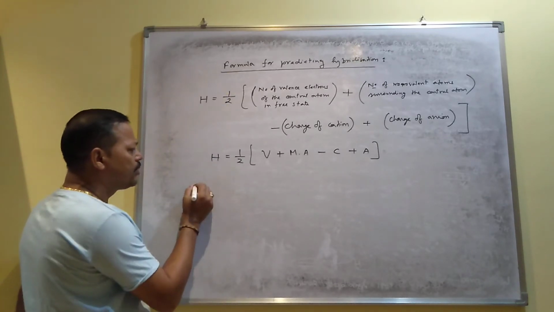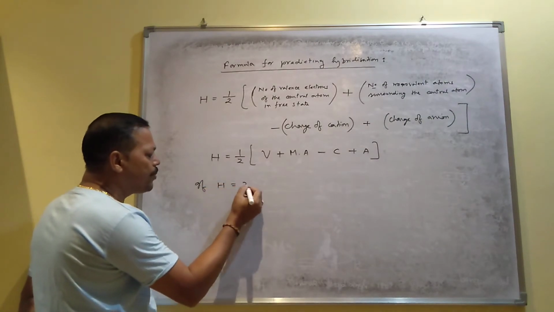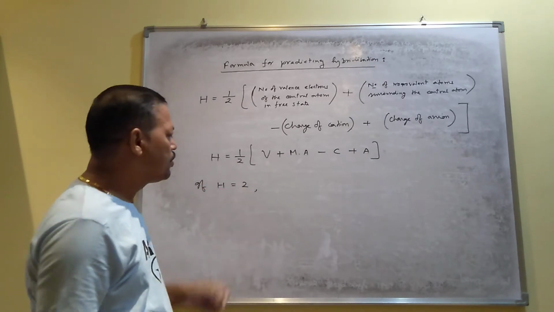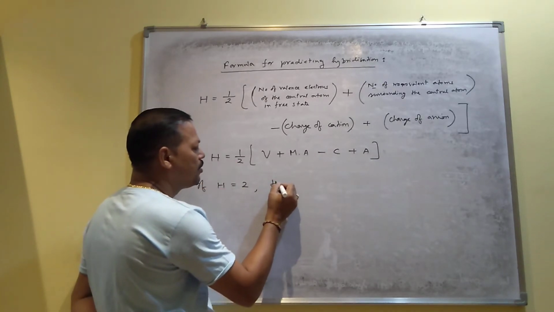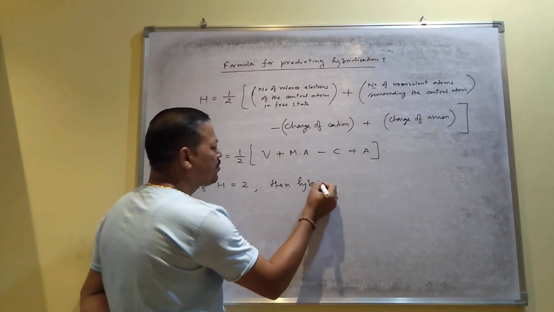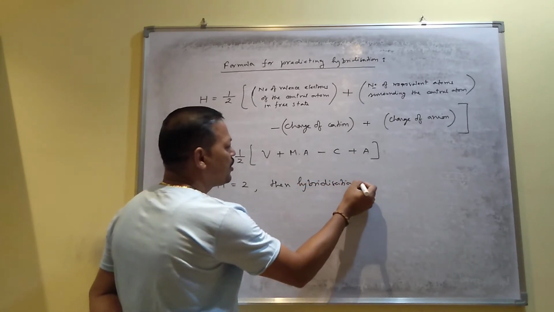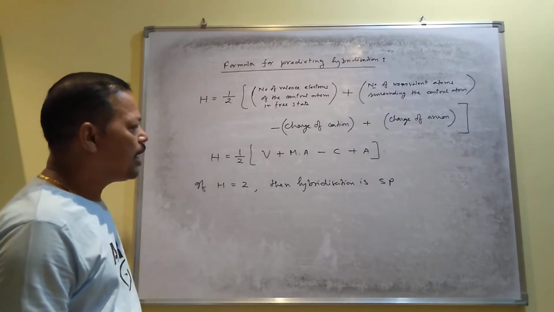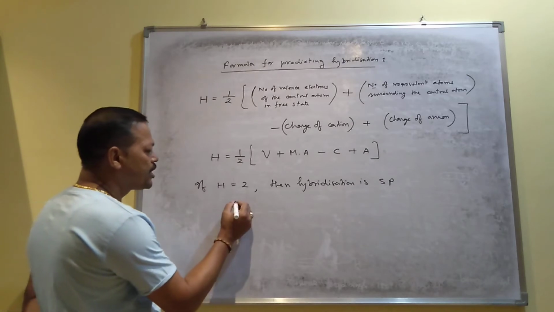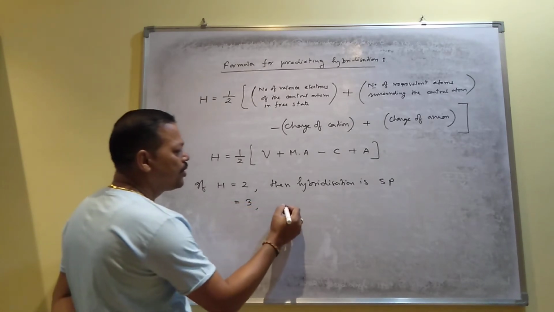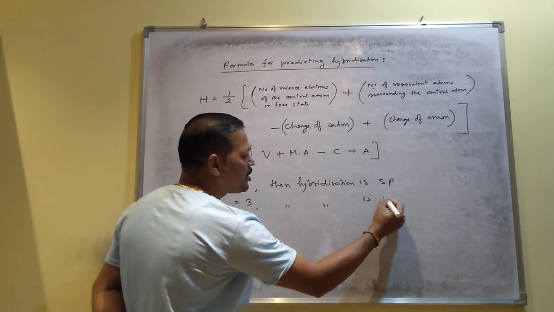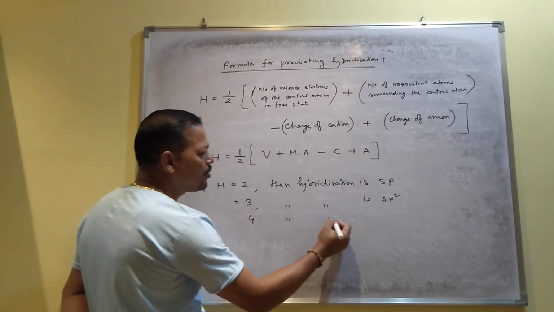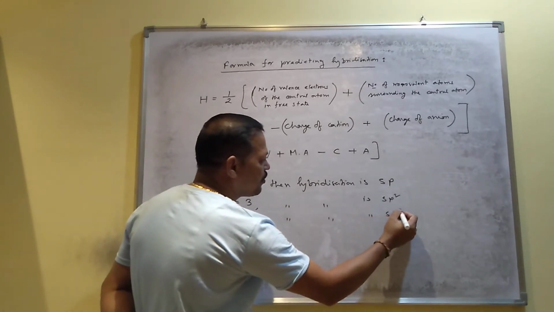For example, if after putting all the values the H value comes 2, then the hybridization is sp. If you get 2, hybridization is always sp. Similarly, if the H value is 3, then hybridization is sp2. If you get 4, hybridization will be sp3.